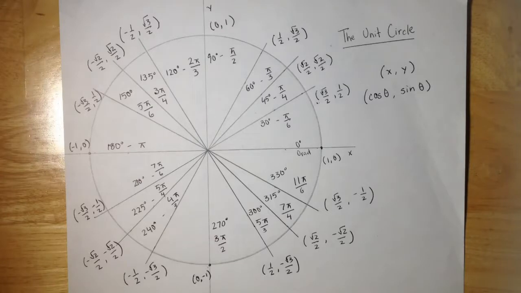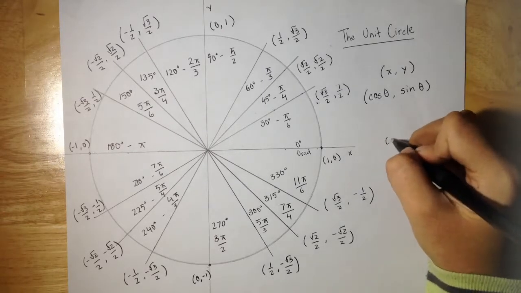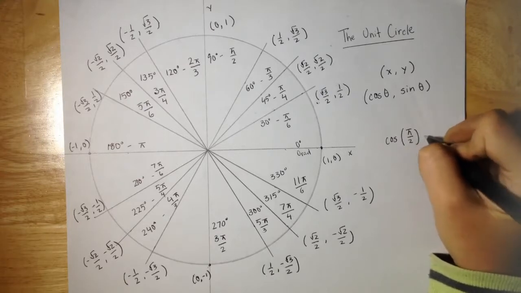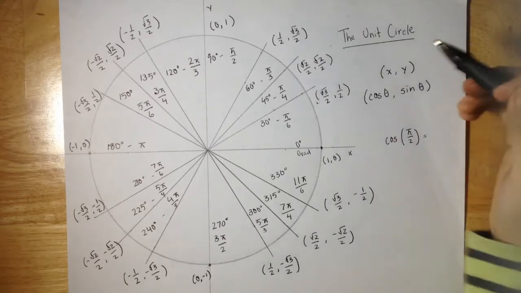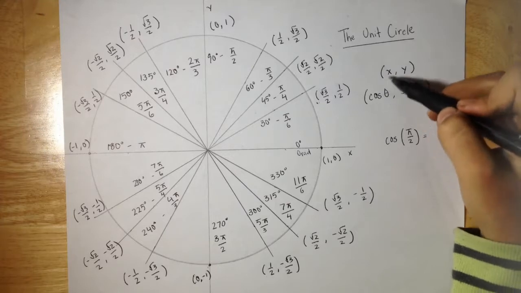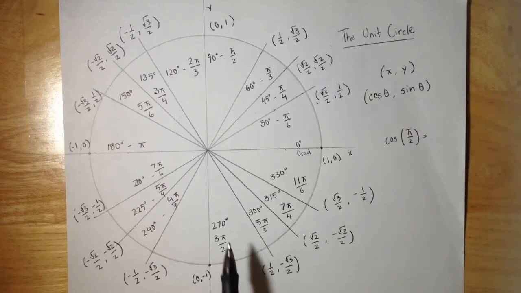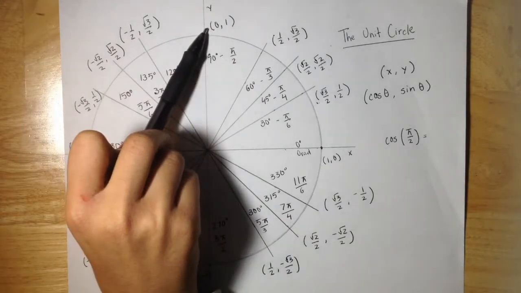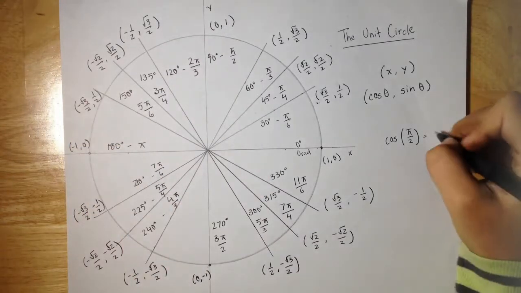For example, if a question asks, what is cosine of pi over 2? Well, cosine theta is the same as the x-coordinate, and we find pi over 2 on our unit circle. Look at the x-coordinate, and it's 0.